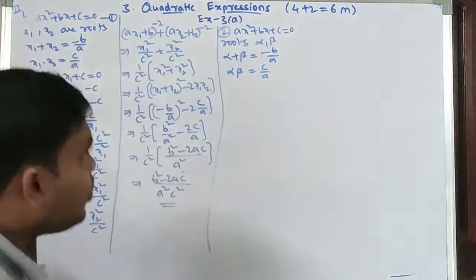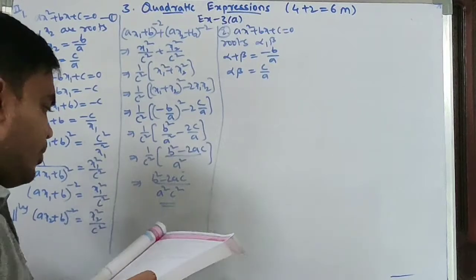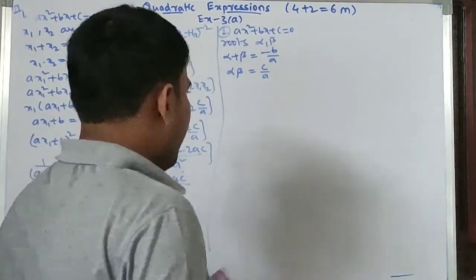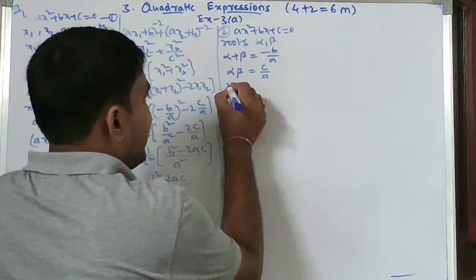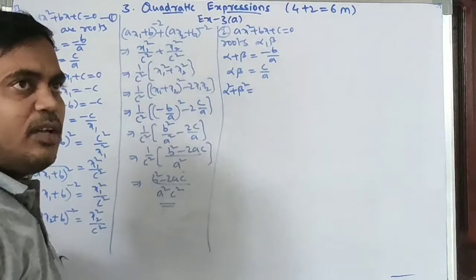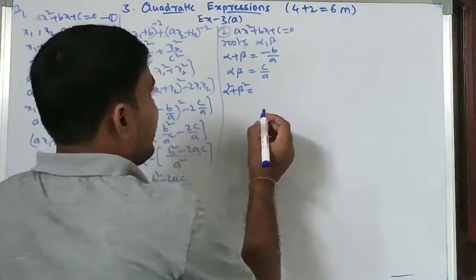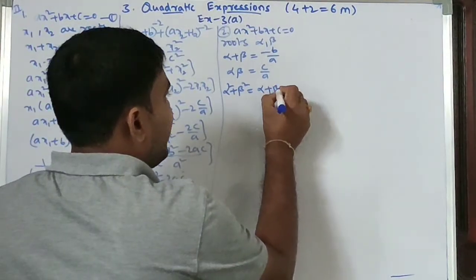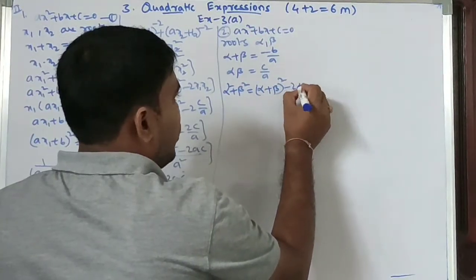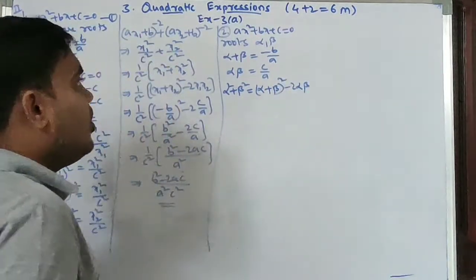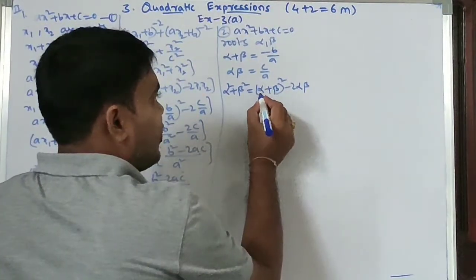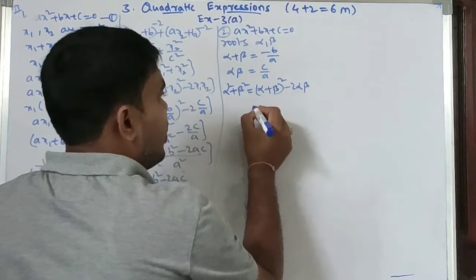So what are the new roots? Alpha² + beta², this is the new root. Alpha² + beta² = (alpha + beta)² - 2 alpha beta.